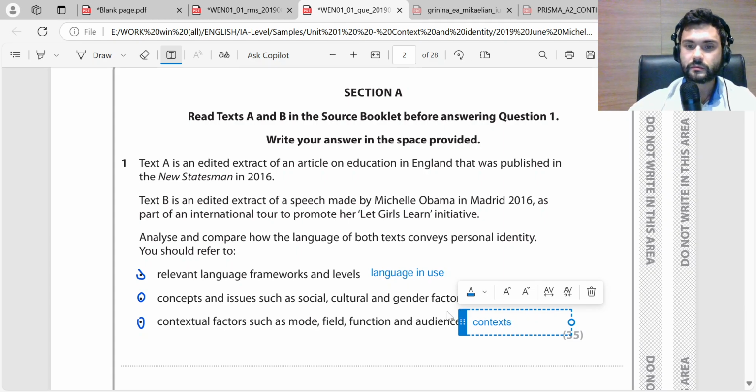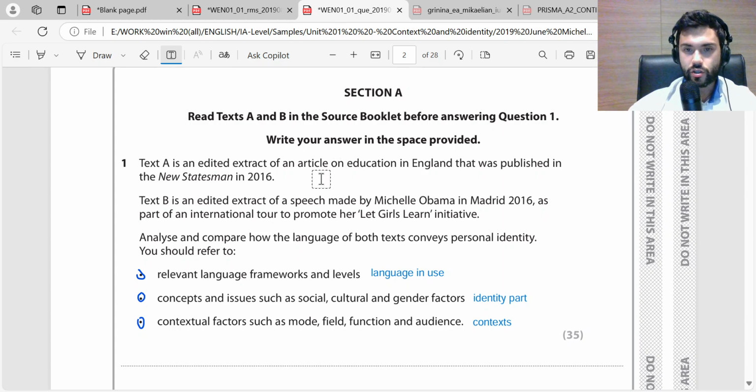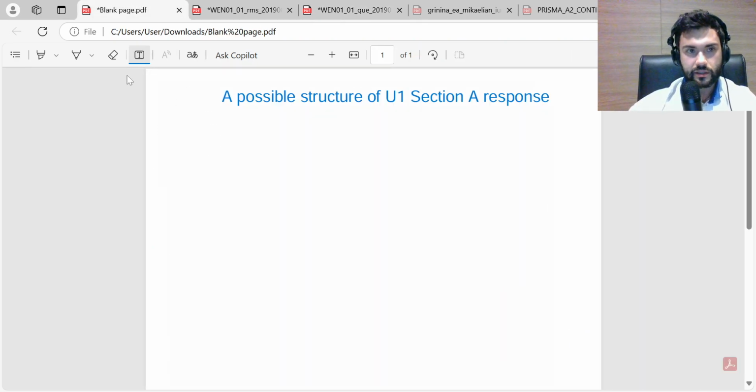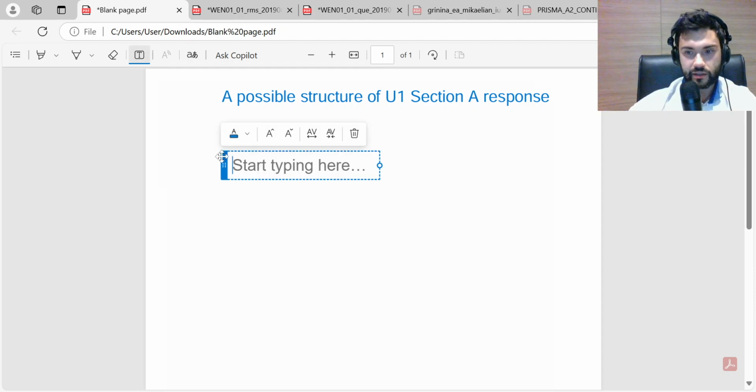Contexts, like this. So I've had a vague suggestion to be made in mind. So let's see how it goes. If we begin by introducing something that everybody knows, which is that any response can be given a very general classical structure of introduction, body, and conclusion.